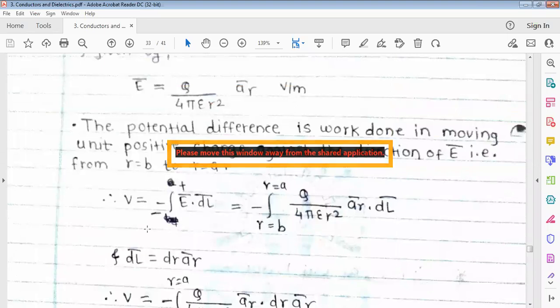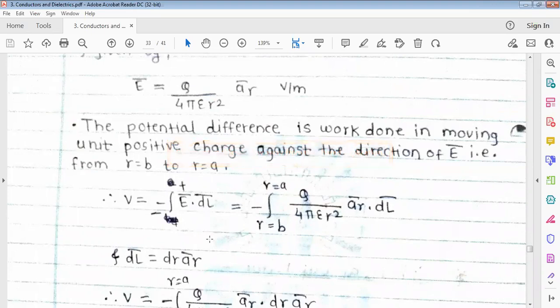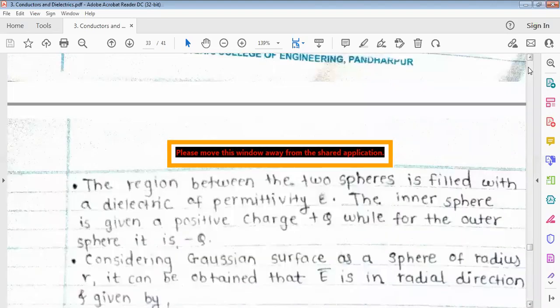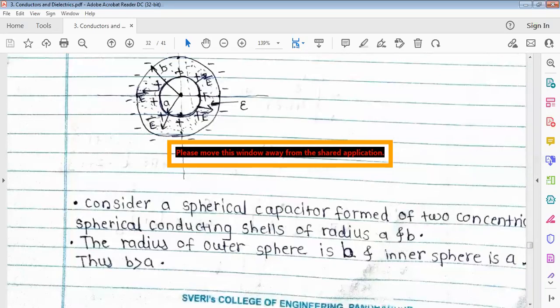This formula we already seen in the second chapter. You go through the potential concept there. We have seen potential gradient, right. And it is equal to minus integration from... Now this r equal to b because the minus, you can see here, this minus charge is on the outer sphere, right.